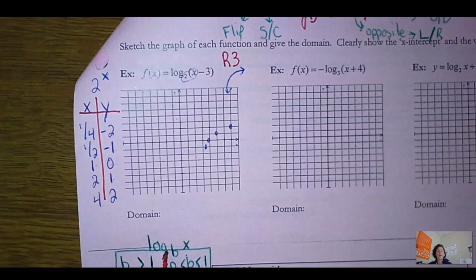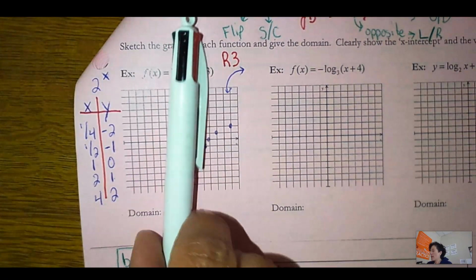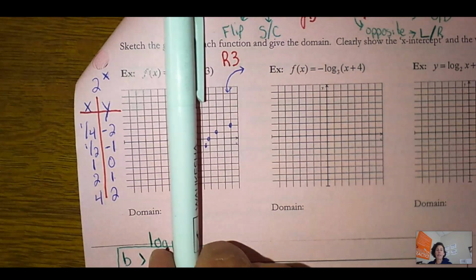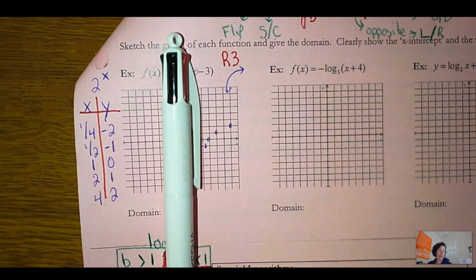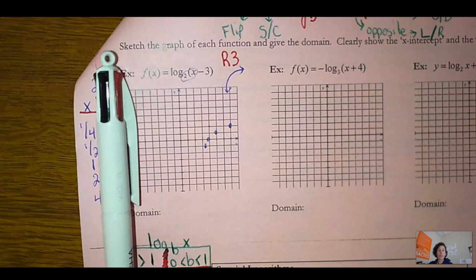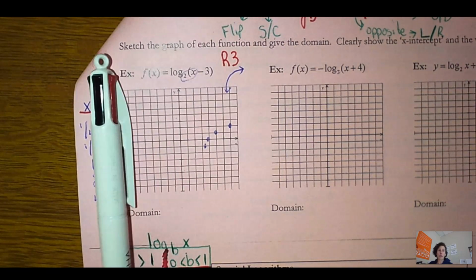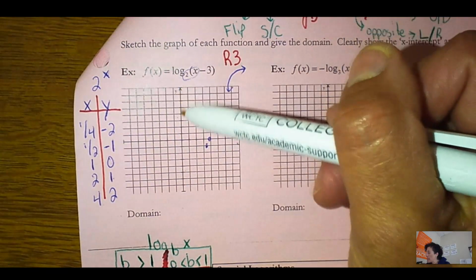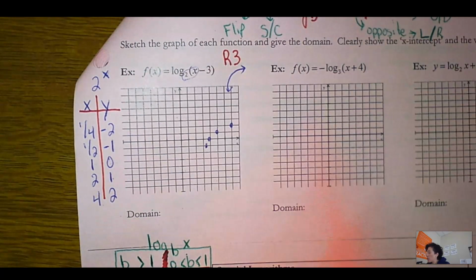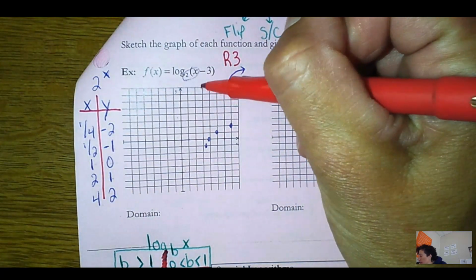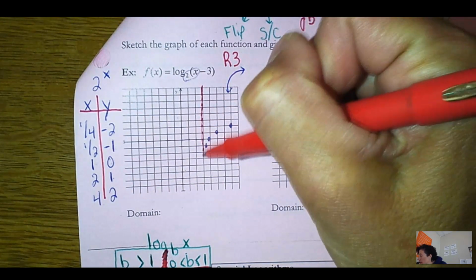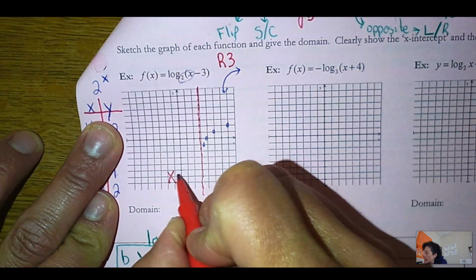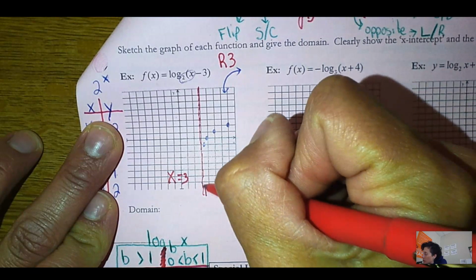Okay? Now we have to think about that we have a wall. And is the wall affected by the move? If something moves up or down, it's pretty much going to look like it's in the same place as far as our graph paper goes. When things move left or right, that will affect our new wall, this vertical asymptote. So where the wall is here, it's now going to move right 3 and be right here. So we have a new wall of x equals 3, and then I can draw that shape.